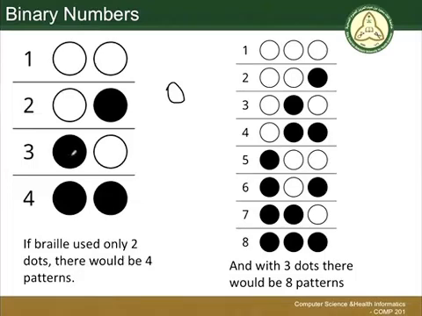The third possibility is the first one black and the second one white. The fourth possibility is both of them black. As you can see, each is unique. With these 2 dots, which can be either white or black, I can make a system that represents 4 values: 1, 2, 3, and 4.